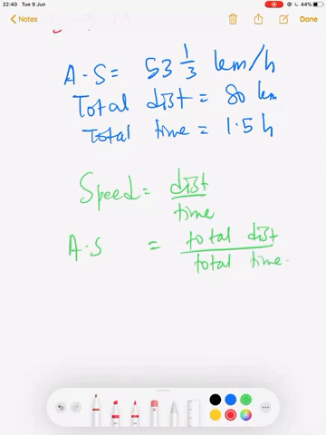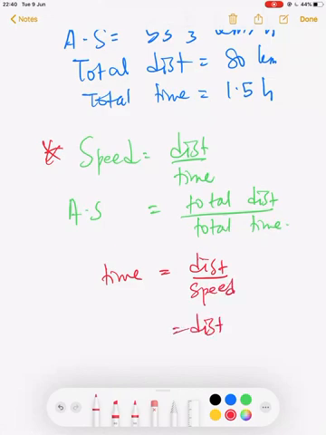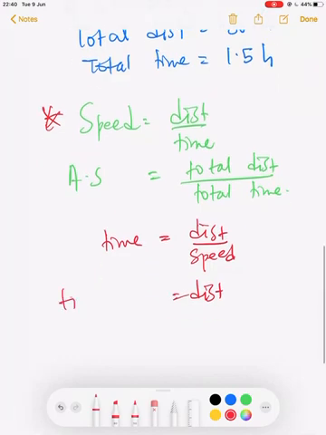So from here, we know that we can calculate the time by using distance over speed, and then we can get the distance by multiplying the time and speed. Okay, so we are done with example 7.